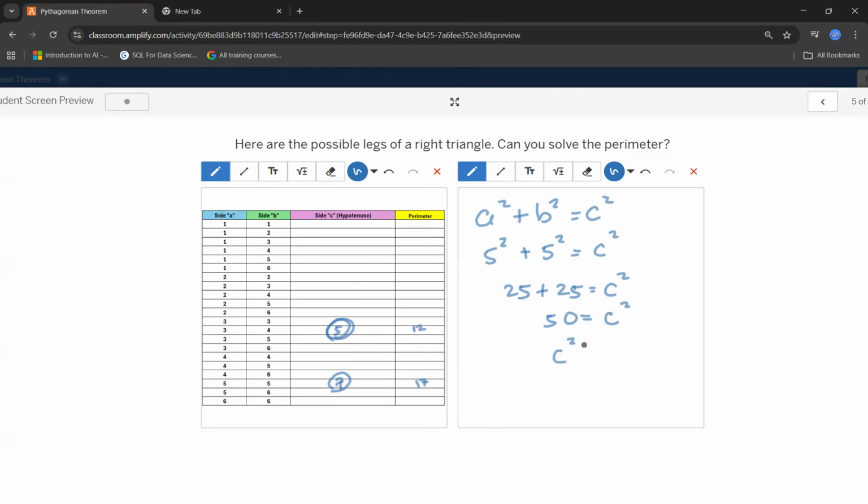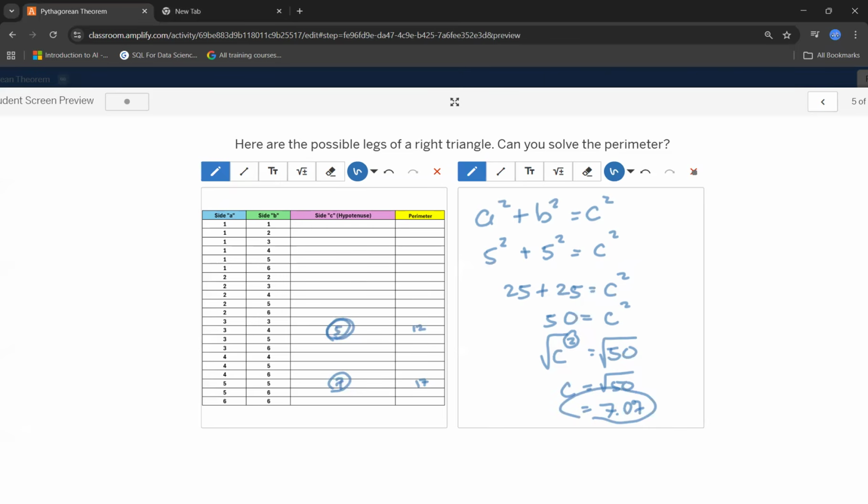Then we just change their position. Then to get rid of the exponent of 2, we square root both sides. So we get c equals the square root of 50, and that will give us around 7.07, which is very close to 7, but this one is much more precise compared to the ruler method.